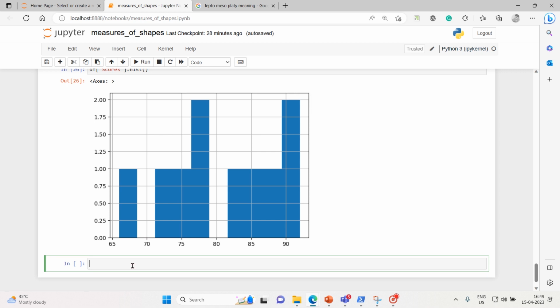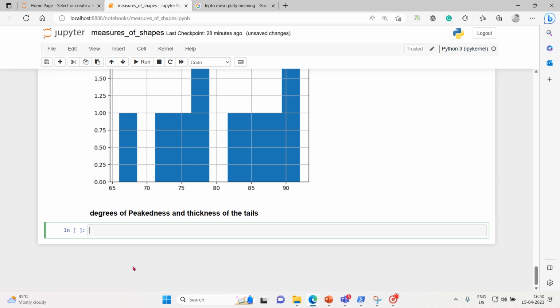So, two things it considers: the degrees of peakedness and thickness of the tails. In simpler terms, kurtosis tells us whether the data has heavy tails, outliers, or light tails. That's a lack of outliers.